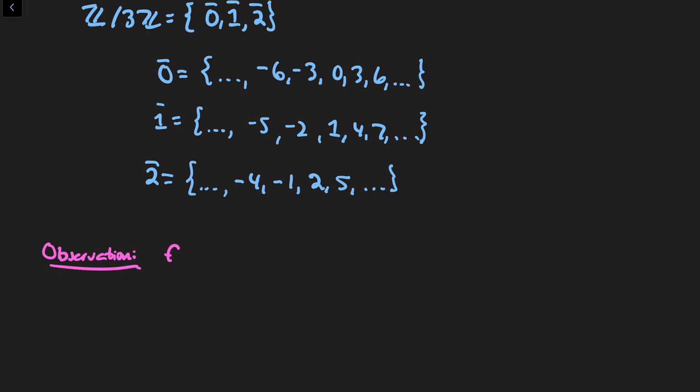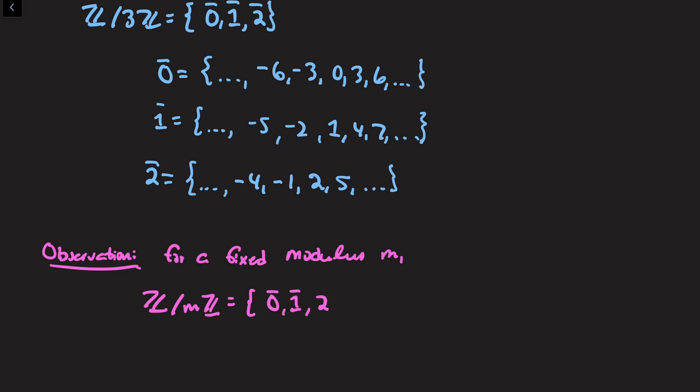For a fixed modulus m, the integers mod m can be described like this. So in particular, there are m elements. And you should be able to convince yourself why this is true.